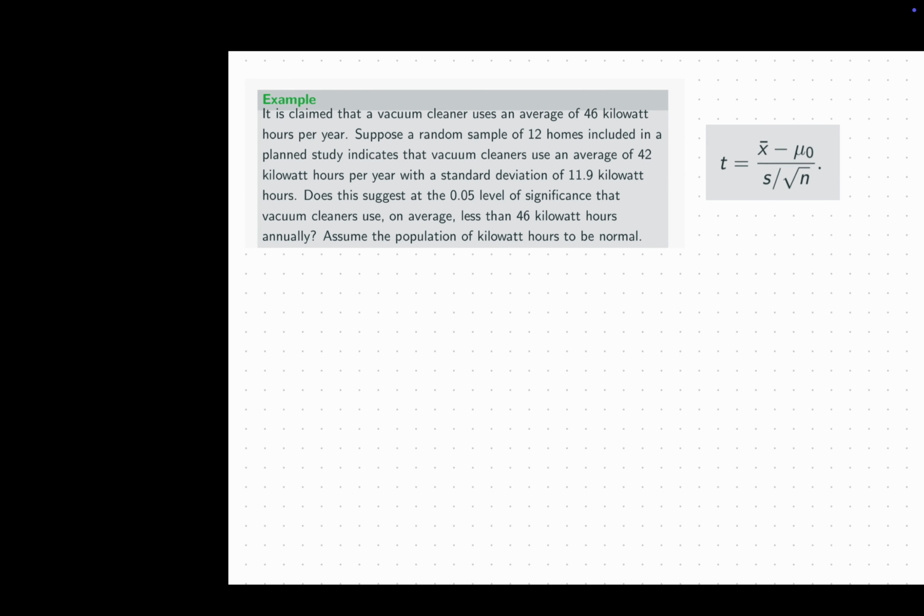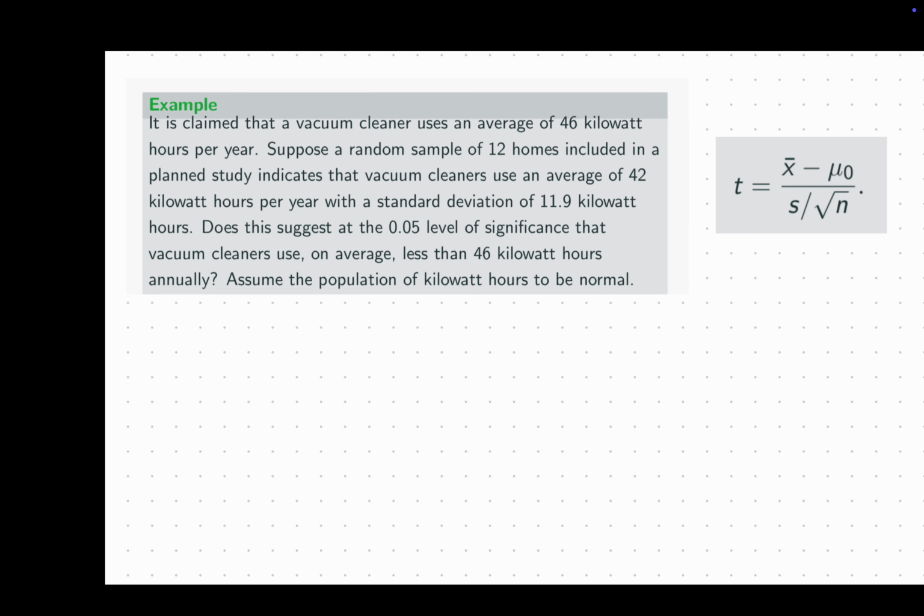Okay, so it is claimed that a vacuum cleaner uses an average of 46 kilowatt hours per year. Suppose a random sample of 12 homes included in a planned study indicates that the vacuum cleaners use an average of 42 kilowatt hours per year with a standard deviation of 11.9 kilowatt hours.